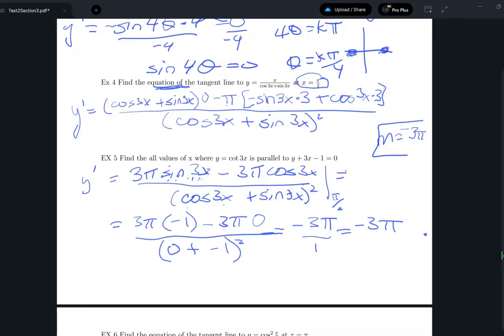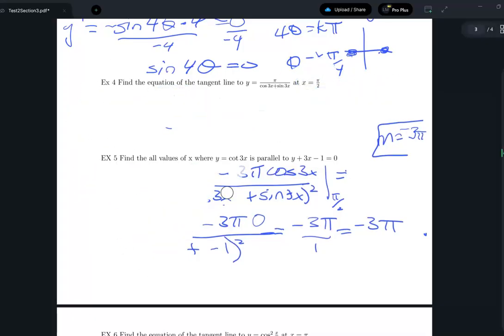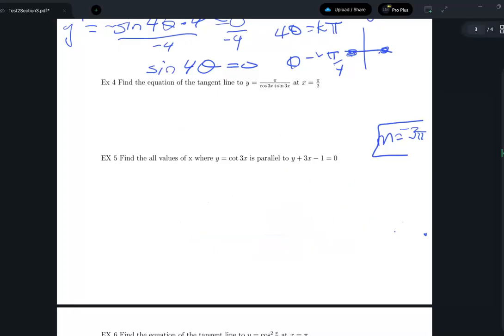Now I want to go find the y value. The y value is going to be me plugging in pi over 2 into the original function. So y of pi over 2, I'll have the pi on the top.